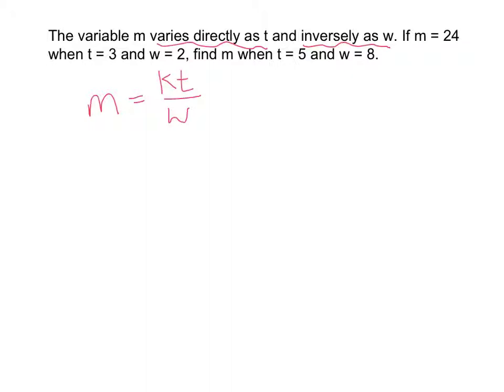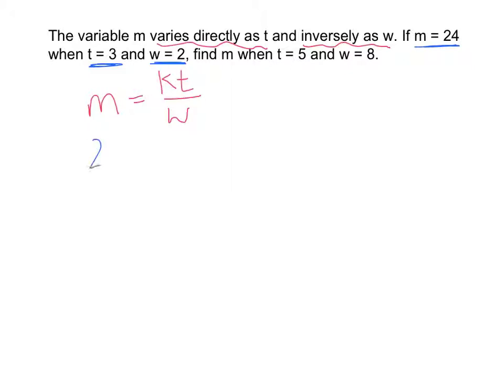There's just one k in every problem, which makes things a little bit simpler. It says if m is 24 when t is 3 and w is 2, we can plug that into our equation to find our constant.